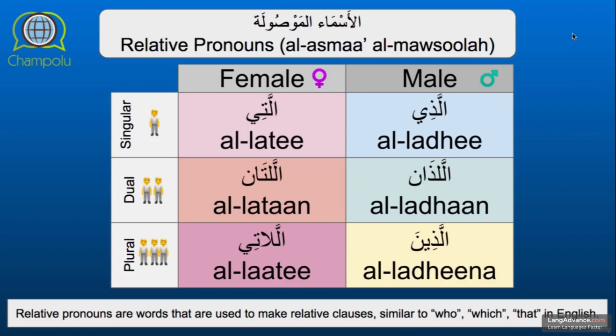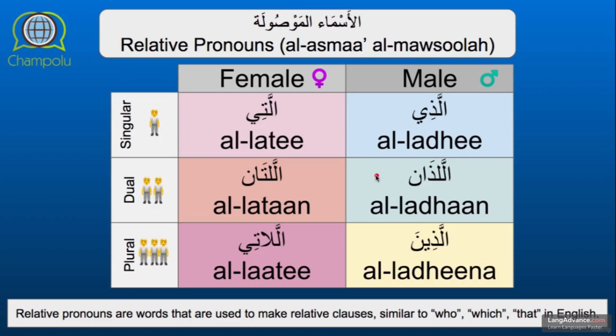So these are the different ways we are expressing these asma' mawsula, and they are classified either male or female, and there are singular and dual and plural. For the male singular, we have الذي. And for female singular, we have التي. And for male dual, where we have two people, اللذان.